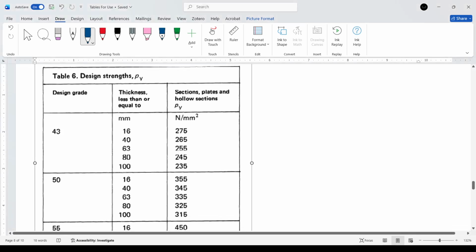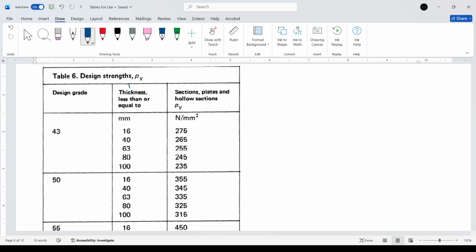Okay. So we are saying that for us to obtain the design strength based on the section, we are going to consider the thickness. This is the flange thickness T. So if it is thickness that is less than or equal to 16, we are going to go with a strength of 275 Newton per millimeter.